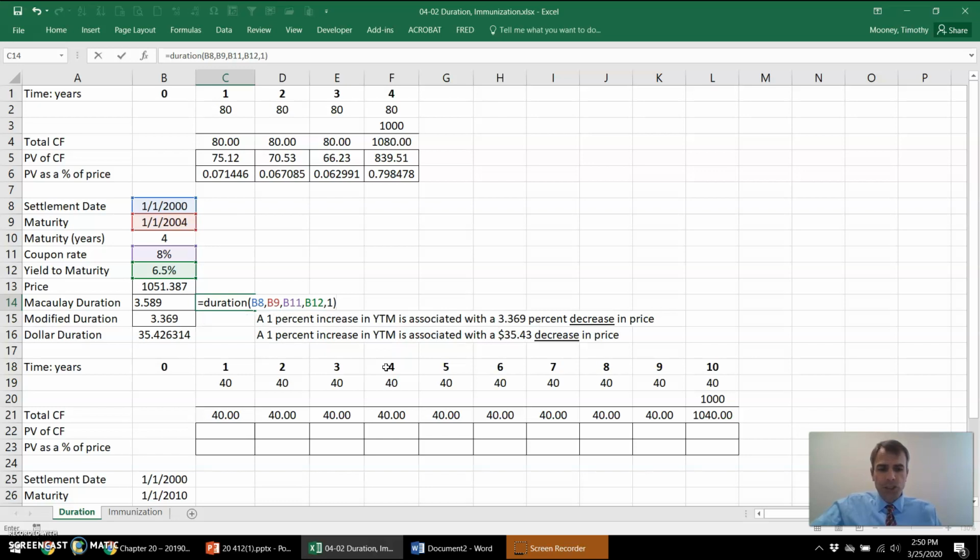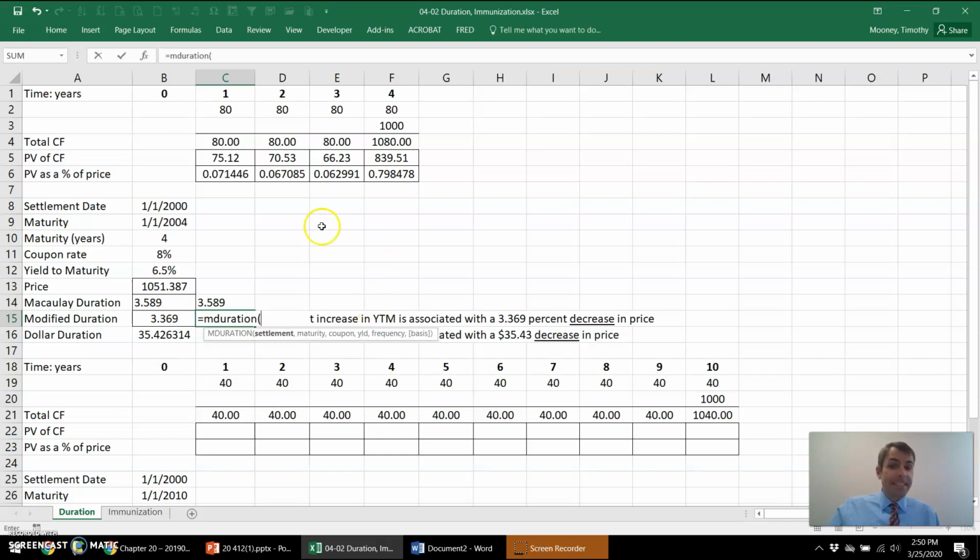But the duration function, if we've done our work right, in the cell directly to the left of it, should return the exact same result as what we got when we computed it the long way. And then similarly, the modified duration, equals MDURATION, has the exact same arguments: settlement date, maturity date, coupon, yield, frequency, annual.